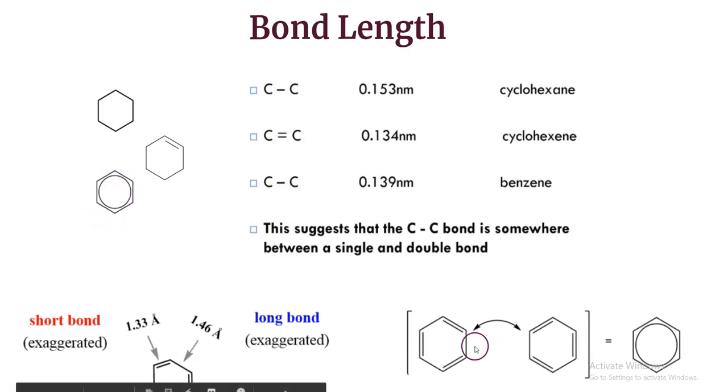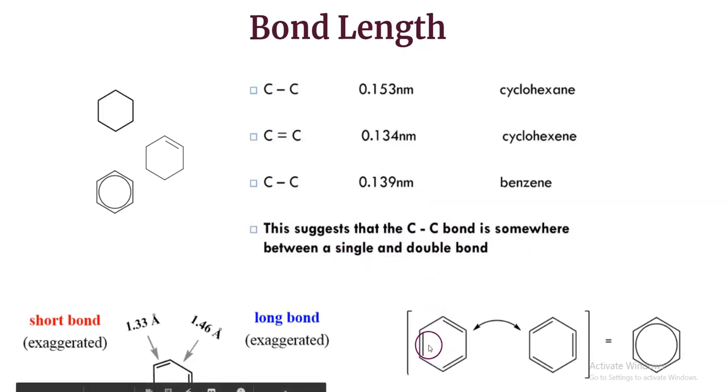If benzene were an alkene like the one shown here, then 3 of the bonds, the 3 double bonds, should have been 0.134 nanometers, and the 3 single bonds should have been 0.153 nanometers. But that's not the case. All the carbon-carbon bonds in benzene are identical, and they are 0.139 nanometers in length.